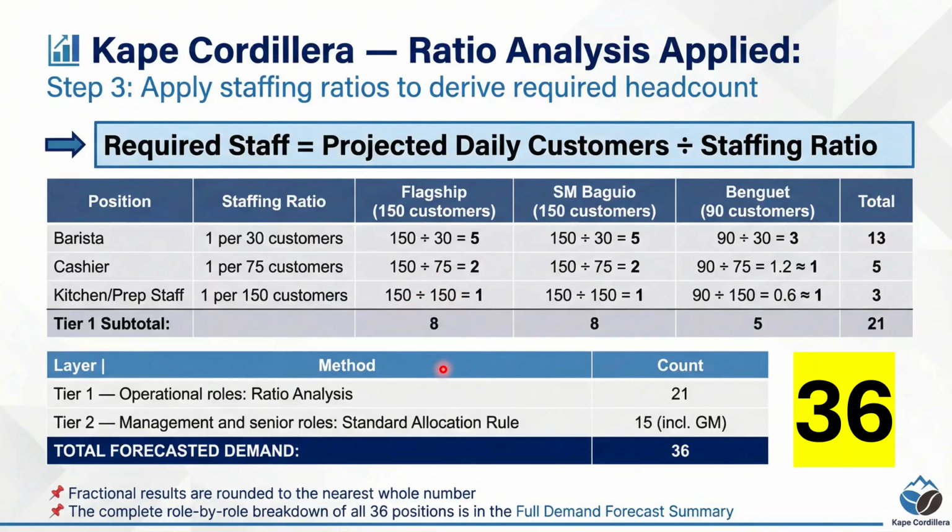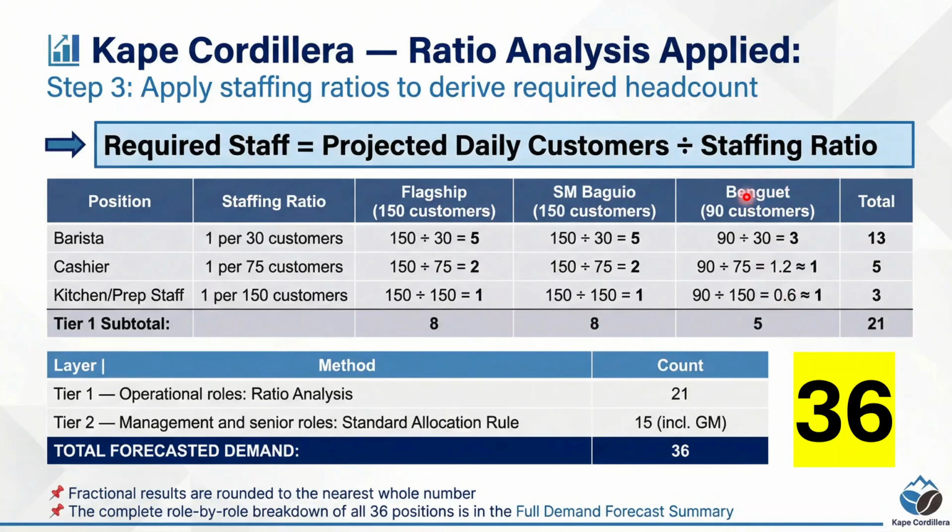Okay, so in a flagship, meron tayong 8 na total number of employees for those positions who are directly dealing with customers. Okay, so wala yung mga management and senior roles because basically they don't directly involve themselves in serving the customers. Okay, 8, pareho ang flagship sa SM Baguio.